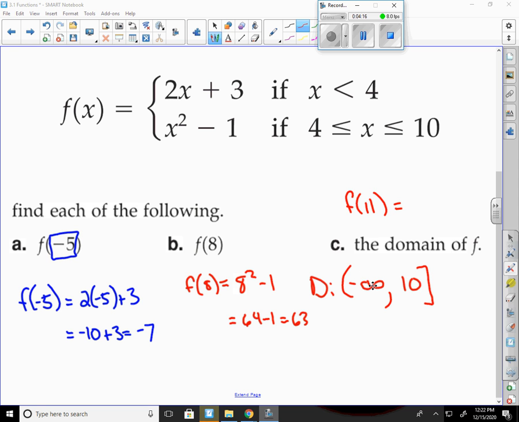So I can plug in any negative number going down forever, all the way up to 10, and I could get an output value. If I try to plug in 11, there would be no solution, which means that 11 is not in the domain. The last number that works is 10. So that's our domain of f.